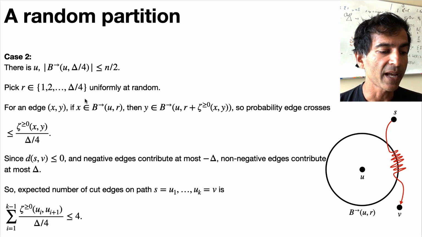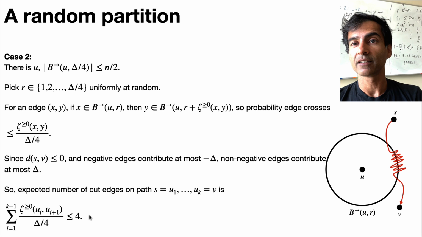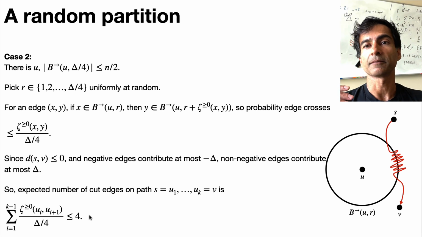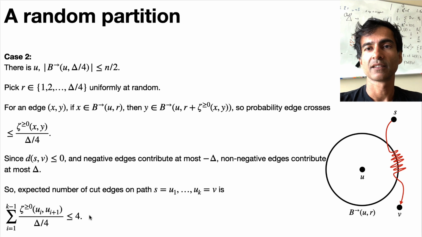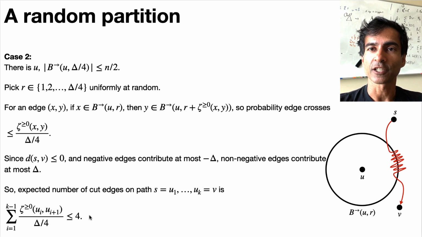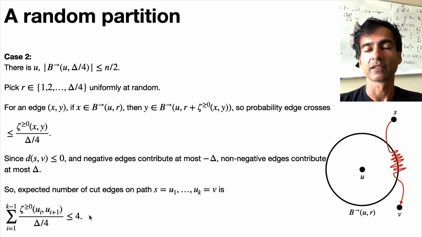So with this choice of parameters, you see that in expectation, you only cut the shortest path from S to V in a constant number of locations. And that suddenly makes the BFD algorithm very efficient. Right, so typically we just need to run the BFD algorithm for a constant number of rounds before it finds the shortest path to V.